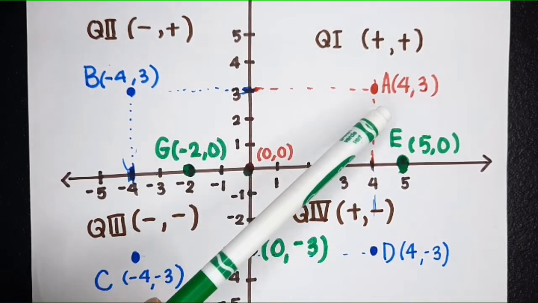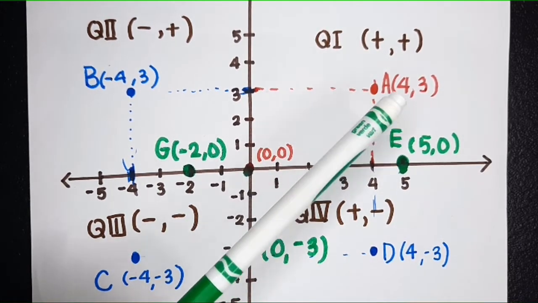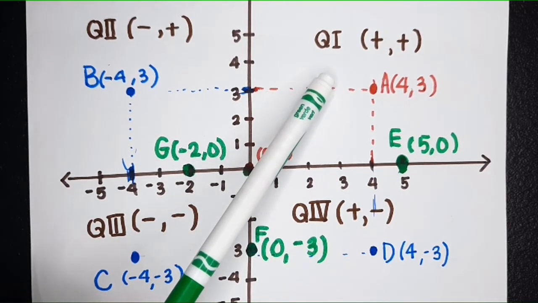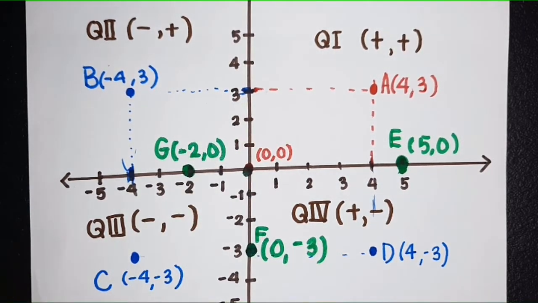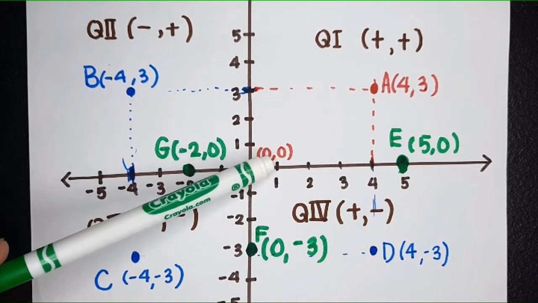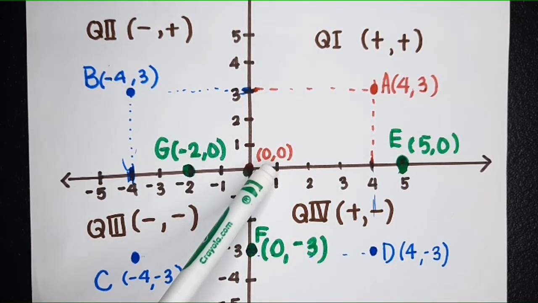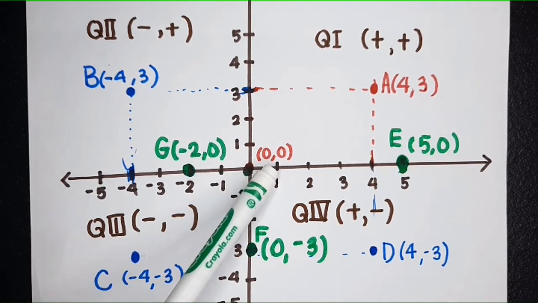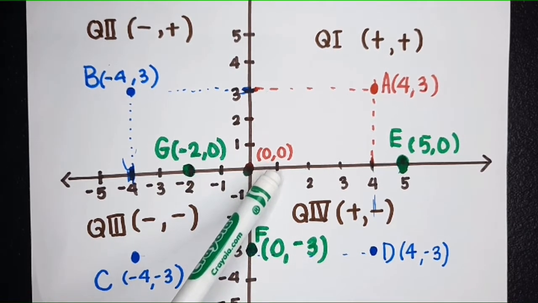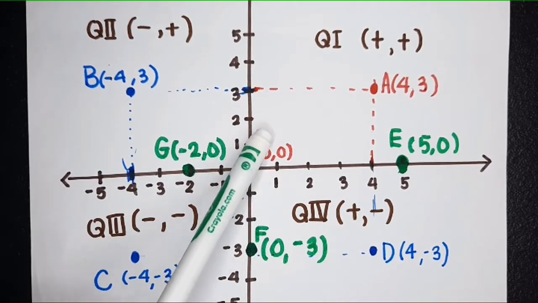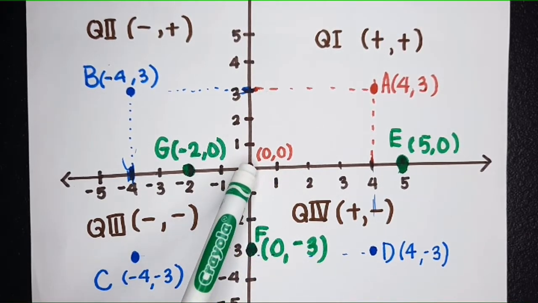So, the location of point A is in quadrant 1. What about if I ask you to determine the location of the point 0, 0? Where is that point? Here. Okay? Anong tawag sa location ng point 0, 0? That is your origin. Okay? So the location of the point 0, 0 is your origin.